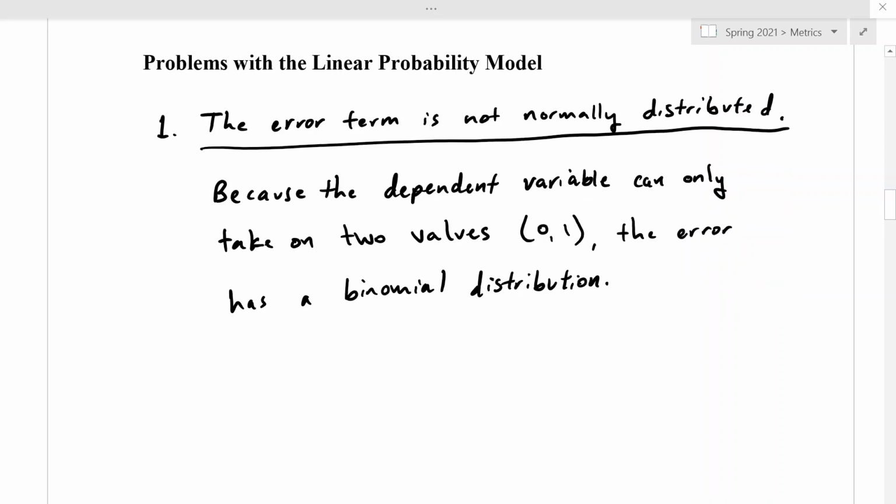Okay, so that's one of the problems. And I should note these first three problems that we're going to have, they're not going to be huge big deals, but the fourth one will be. So in any case, second one is that the error term is heteroscedastic.